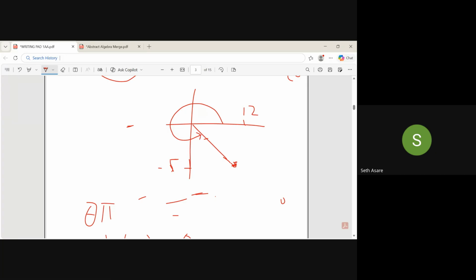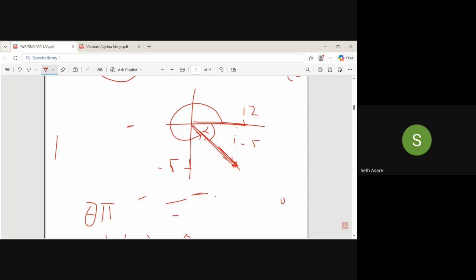But what can we do? We can use this small triangle, this one and this one. We write maybe here is alpha. Then we can construct a triangle here using this one and this one. That triangle here is minus 5, and this side here is what? Is 12.